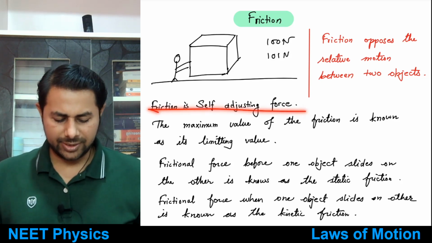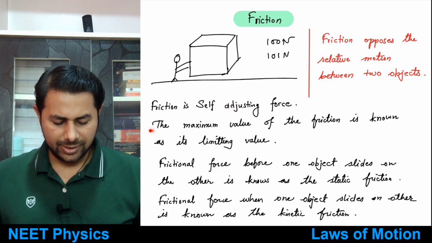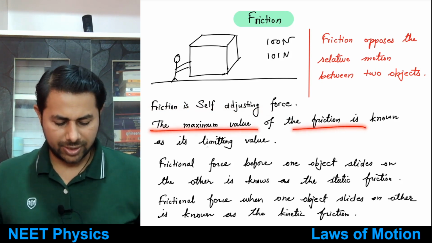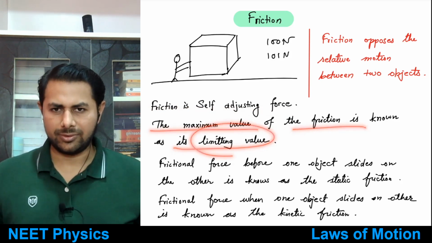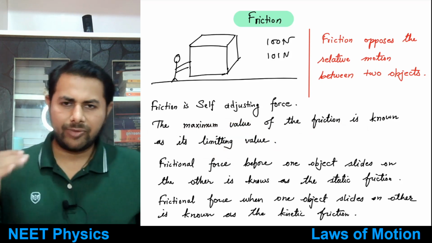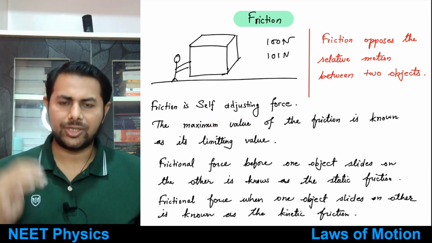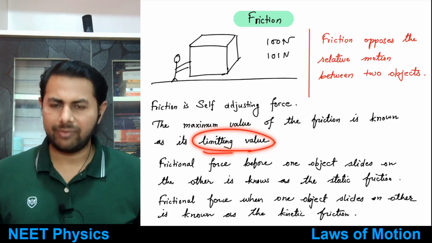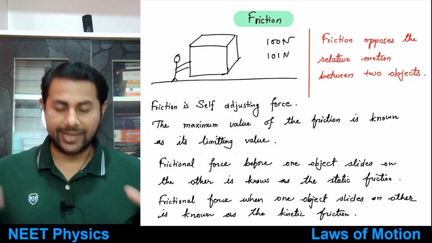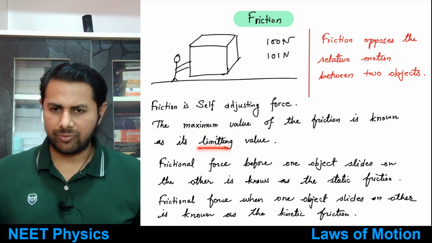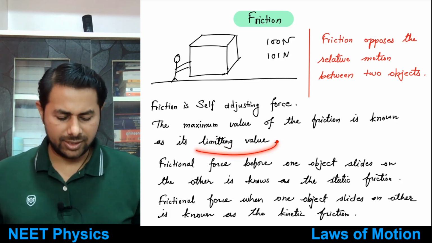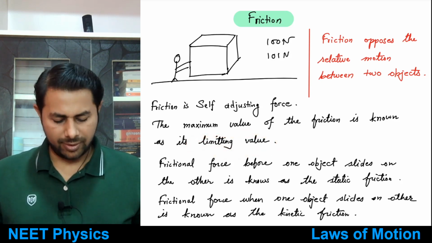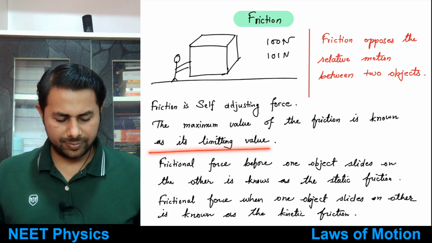So friction is a self-adjusting force, and the maximum value of the friction is known as its limiting value, right? The maximum value up to which the friction can increase is its limiting value. This thing is clear? Yes, no?